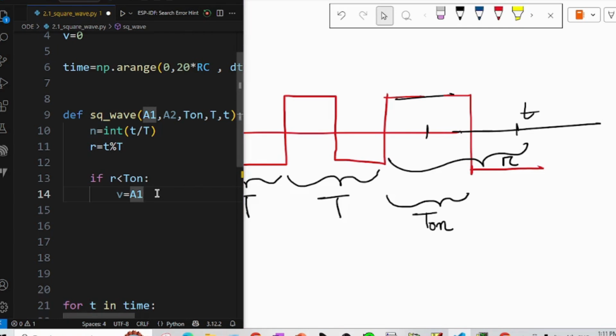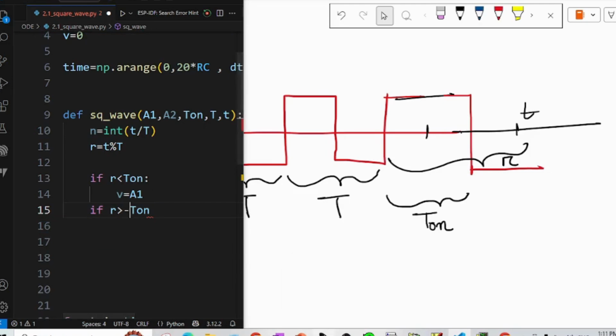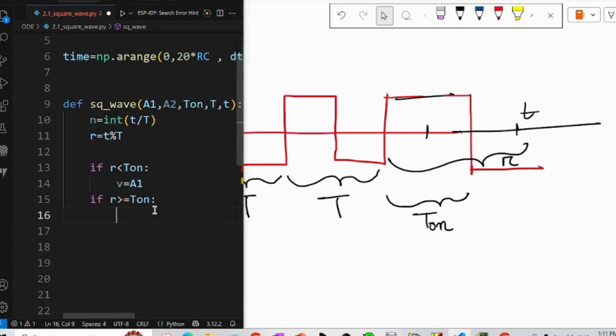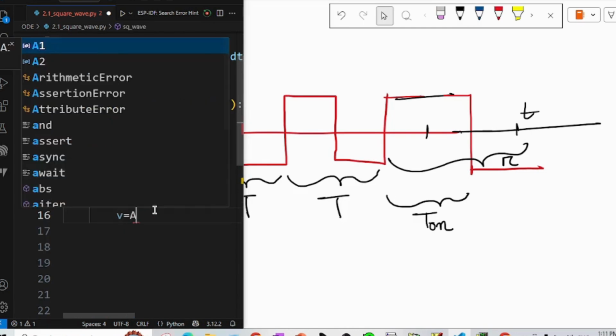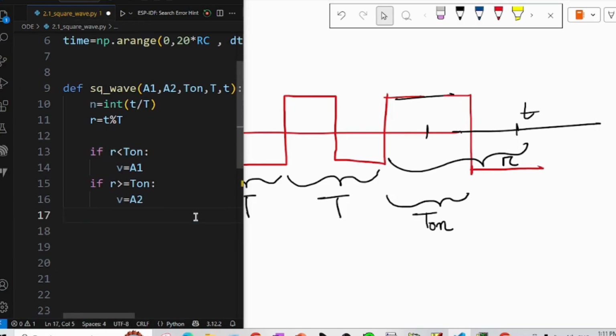So if r is greater than or equal to T on, then we will have V is equal to A2, that means the lower voltage. Okay, and finally I need to return this voltage, so return V.